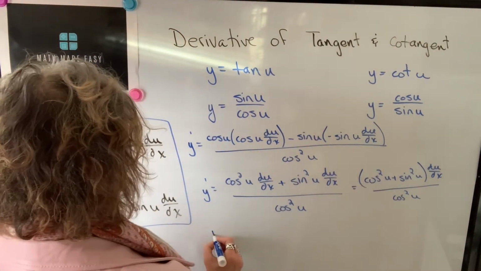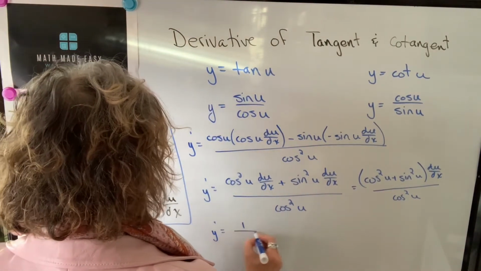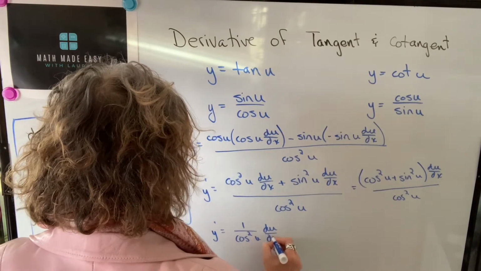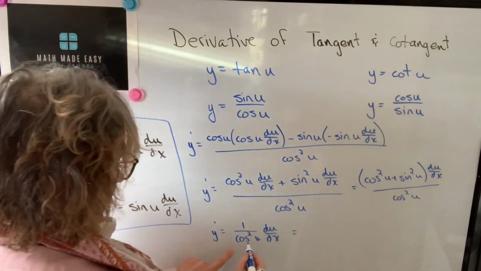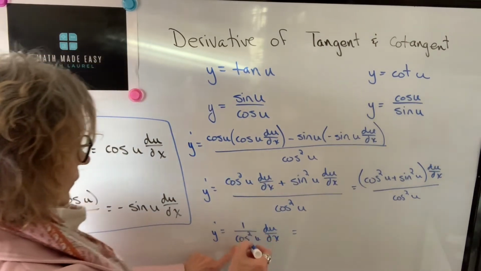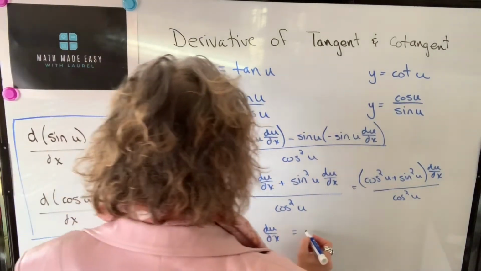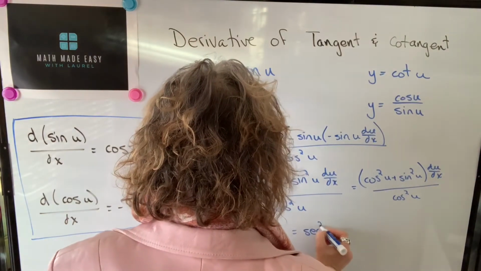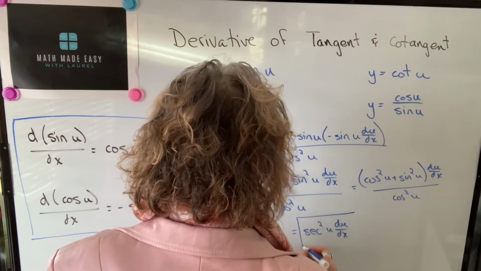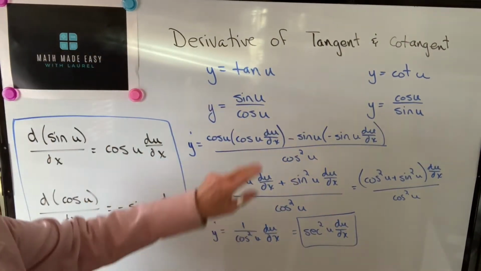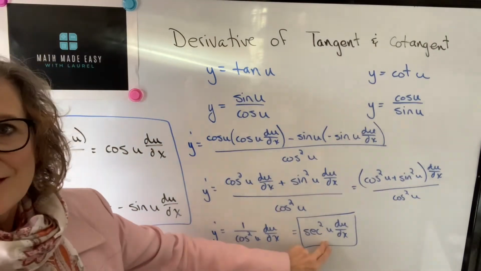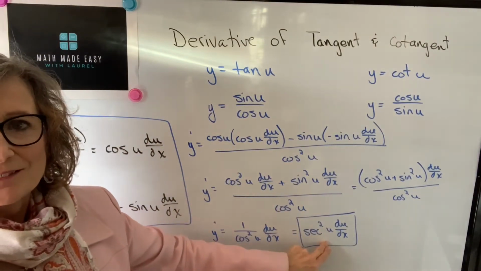So this derivative would be equal to 1 over cos squared u du dx. And another one of my basic identities allows me to write 1 over cos squared u as secant squared u. Therefore, I can find the derivative of tan u by using this formula.